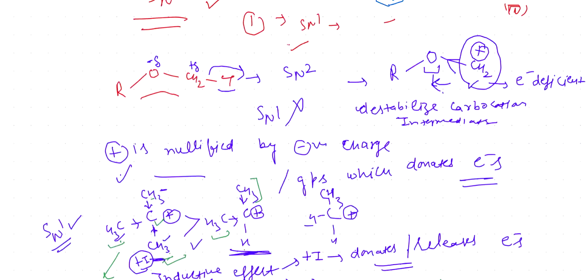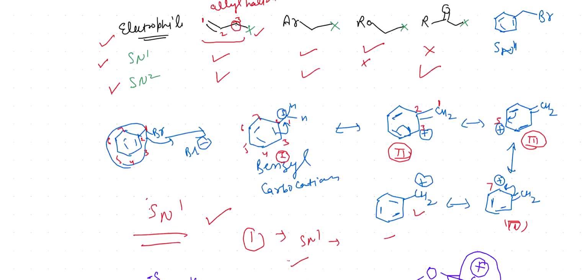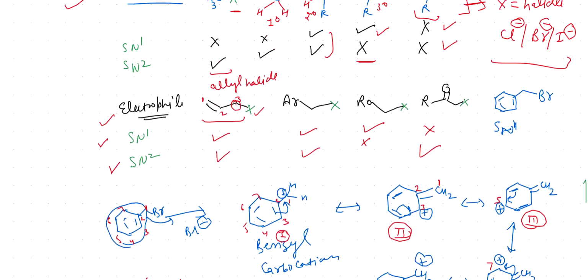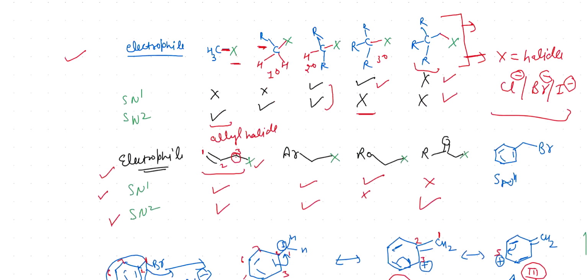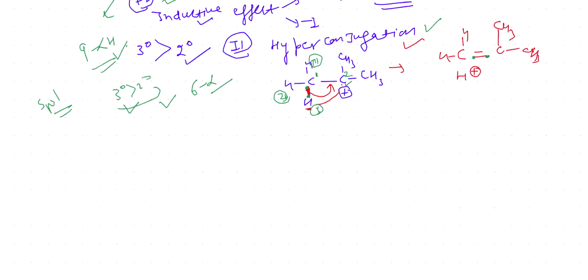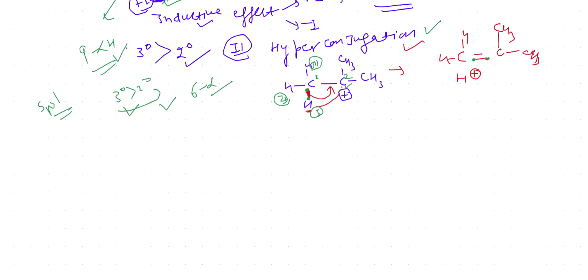Let's discuss another example. The last one is RCOCH2Cl. This is an example of a ketone. This is the ketone group, and in this, the Cl is the leaving group. So what is happening here?